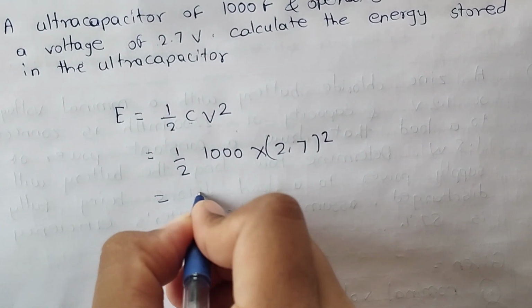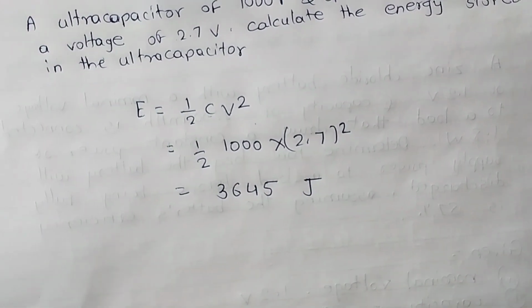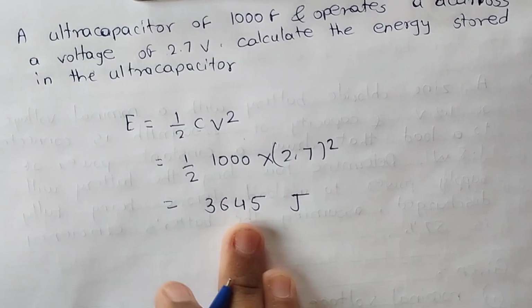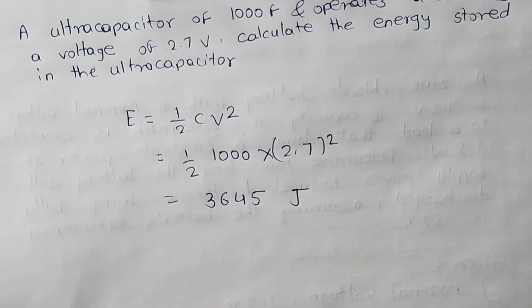When we calculate this, we get 3645 joule. So 3645 joule energy is stored in our ultra capacitor.